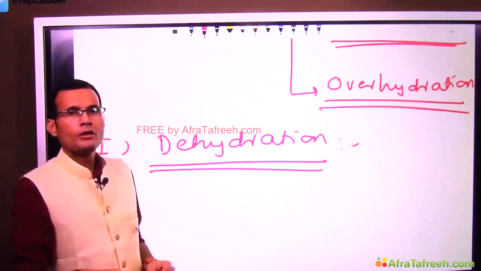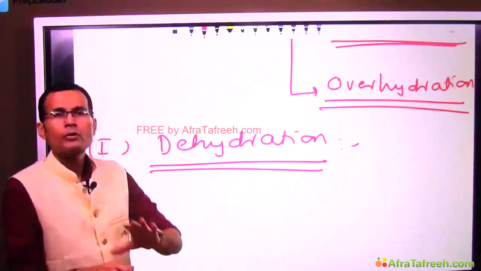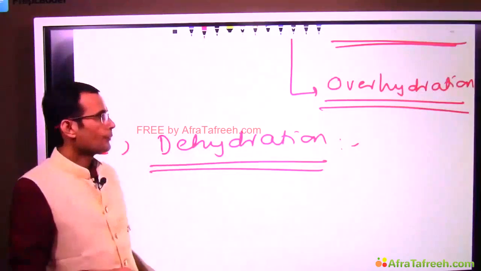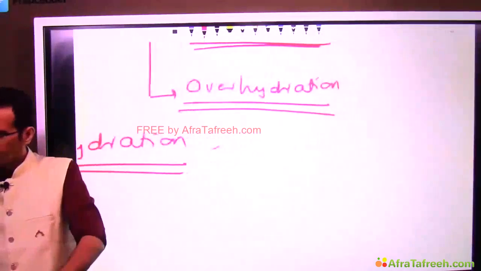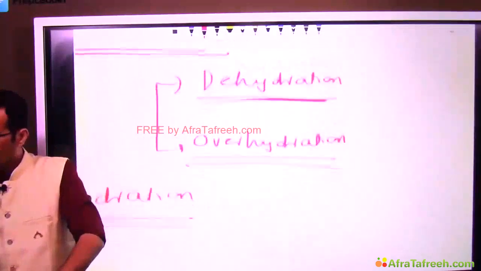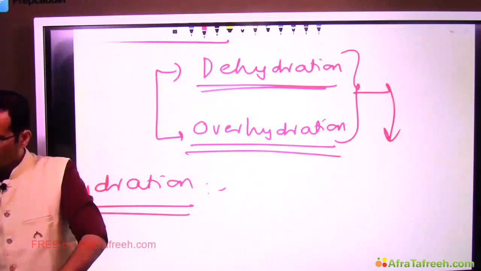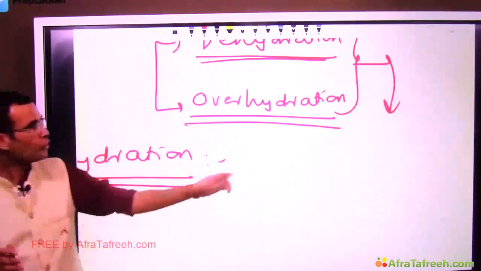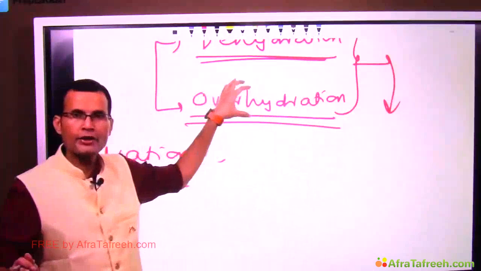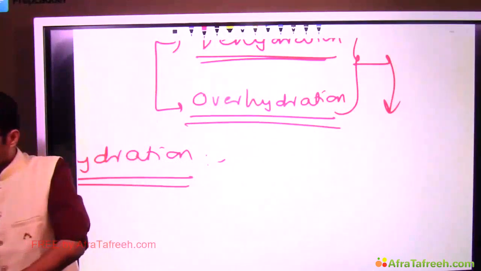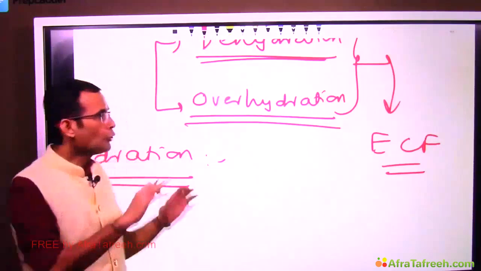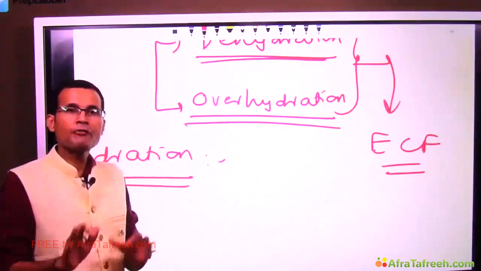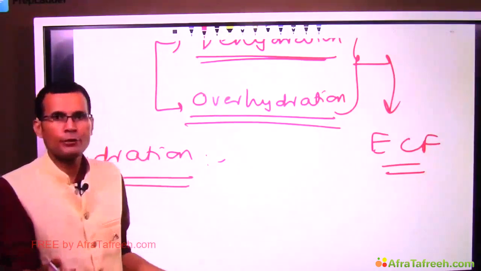Dehydration. Volume is lost. Now I'll tell you the basic for both of them. The common basic principle is whether volume is lost or volume is gained. Volume lost or volume gained is primarily from the ECF, extracellular fluid.